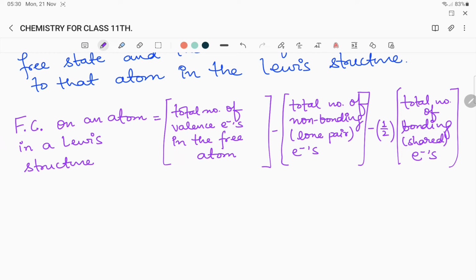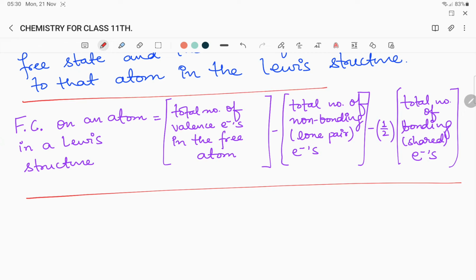So this is the formula to calculate formal charge on an atom in a Lewis structure. Keep in mind that you have to take three things: the total number of valence electrons in the free atom, minus the total number of non-bonding electrons, minus half of the total number of bonding electrons.